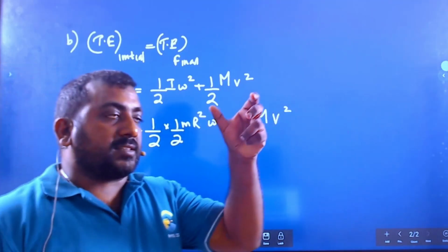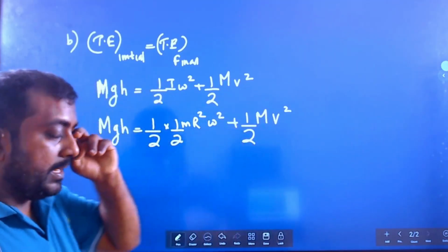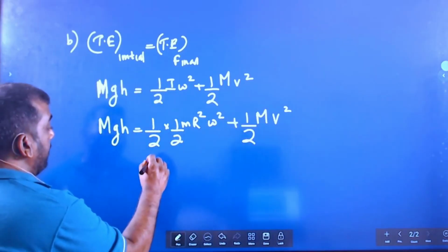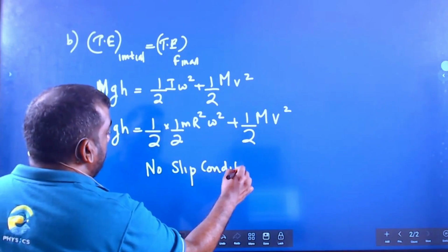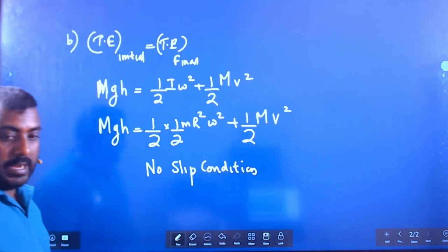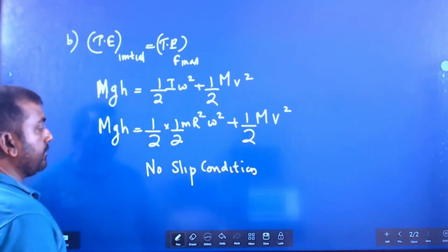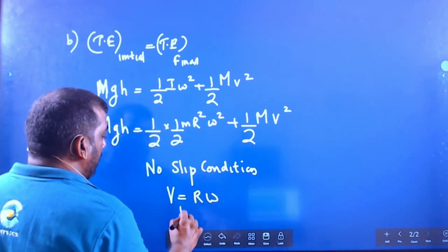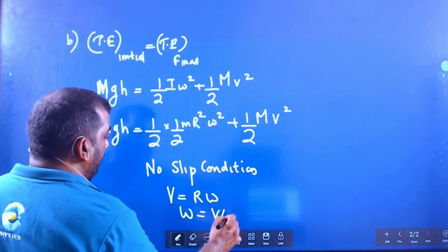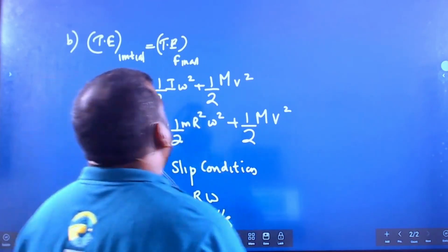Remember, there is rotation as well as linear motion. We must consider the no slip condition. No slip condition means linear velocity equals tangential velocity, omega is equal to v over R. Substitute.